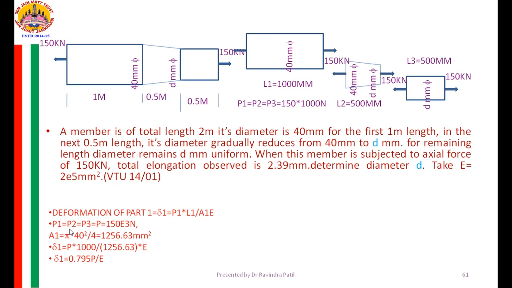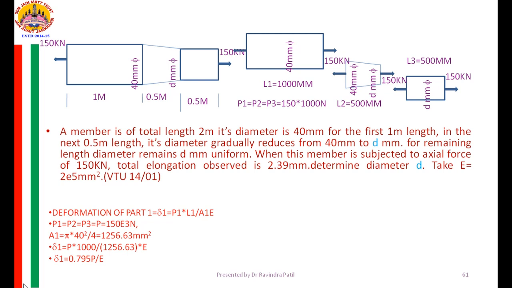I can write it as P is equal to 150 kilonewton. As the Young's modulus is given in Newton per mm square, that is why it is to be converted into Newton. So 150 into 10 to the power 3 is the value of P.